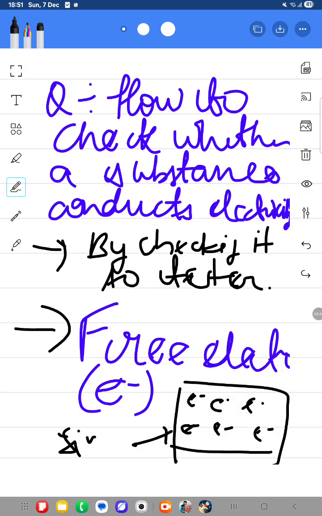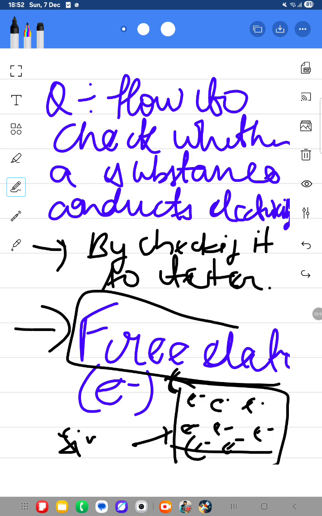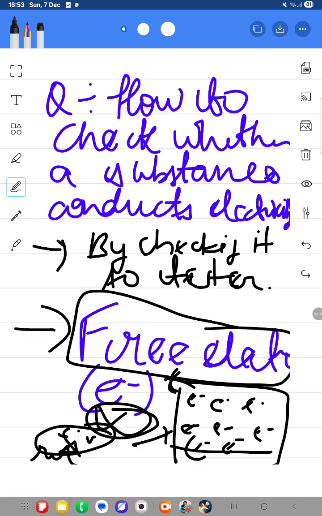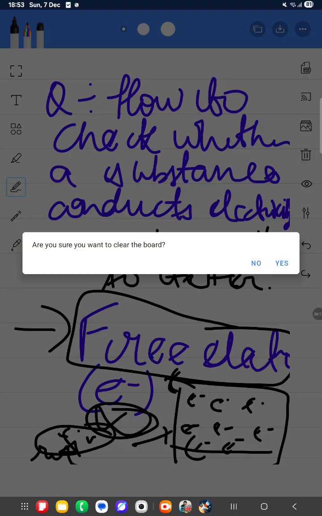A substance whose electrons have enough space to move will conduct electricity. Free electrons means the flow of electrons is free. Rubber does not have free electrons, so it doesn't conduct electricity. So this concept is cleared.